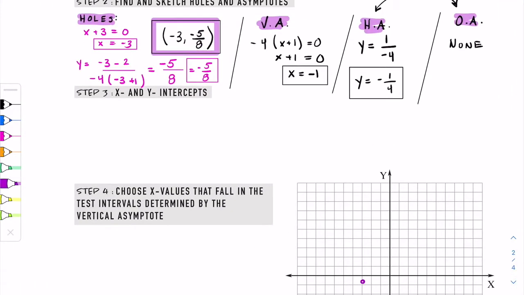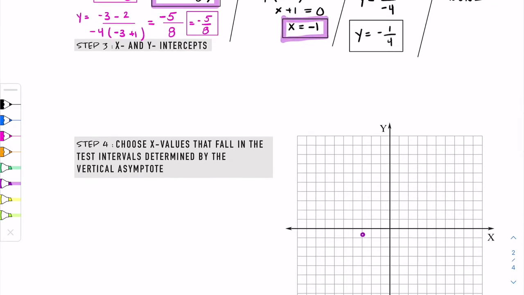The vertical asymptote is located at x equals -1. So I'm going to sketch a vertical line at x equals -1. The horizontal asymptote is located at y equals -1/4.